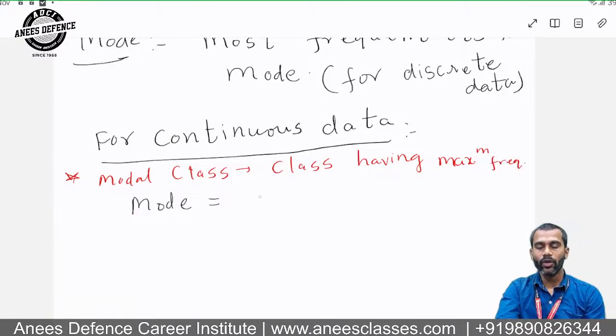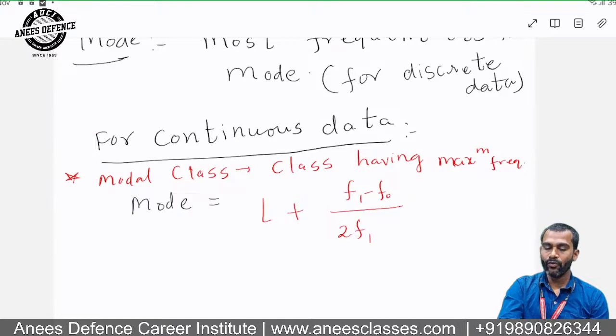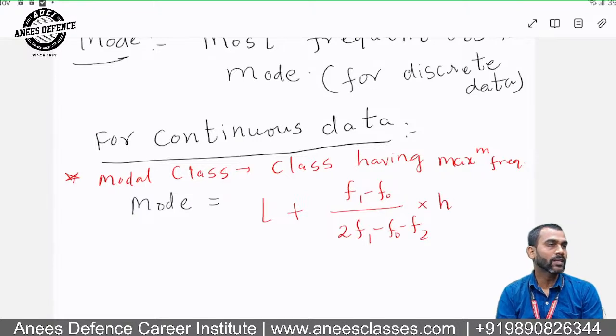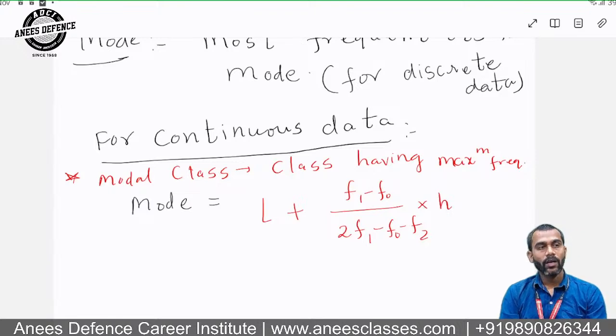Okay. So mode is L plus F1 minus F0 divided by 2F1 minus F0 minus F2 into H. I'll tell you what is F1. L is nothing but lower limit of the model class. F1 is frequency of the model class. F0 is frequency of the class preceding the model class. 0, 1, 2.